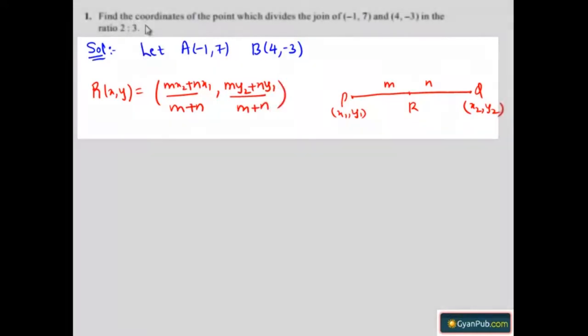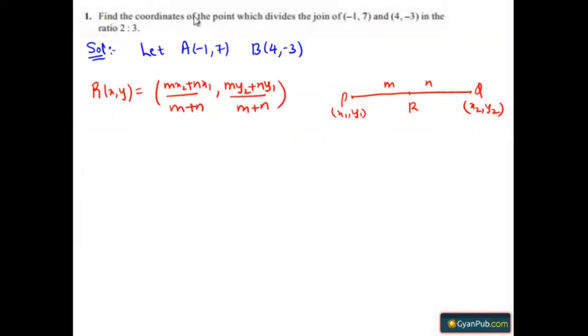In the question, we need to find the coordinates of the point which divides the join of (-1, 7) and (4, -3) in the ratio 2:3. So the ratio given here is 2:3, which is equal to m:n. So m value is 2 and n value is 3.